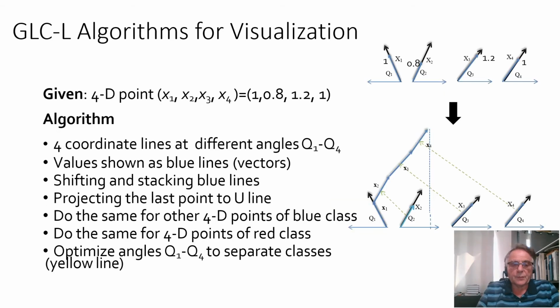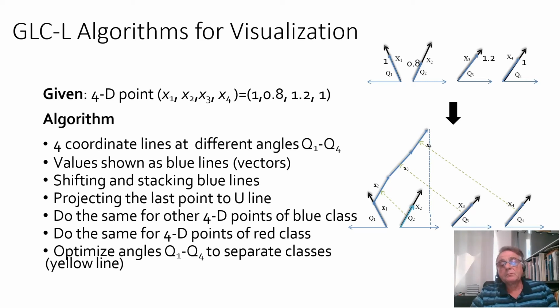This is an example of one such algorithm, which we called the GLC-L algorithm, where L stands for linear. Consider a four-dimensional point, 1, 0.8, 1.2, and 1. And we design four coordinate lines which are not all parallel but at different angles.